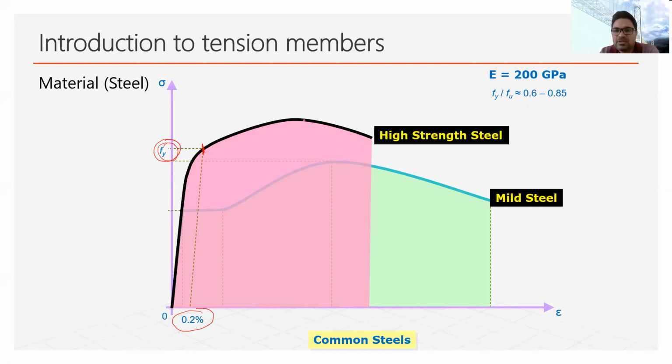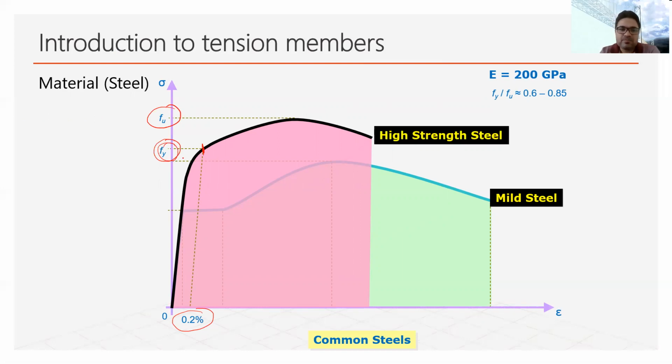Although in some high strength steel we may be able to find the ultimate strength point, generally in high strength steel this Fu value is very difficult to define. But in case of mild steel it is easily defined.